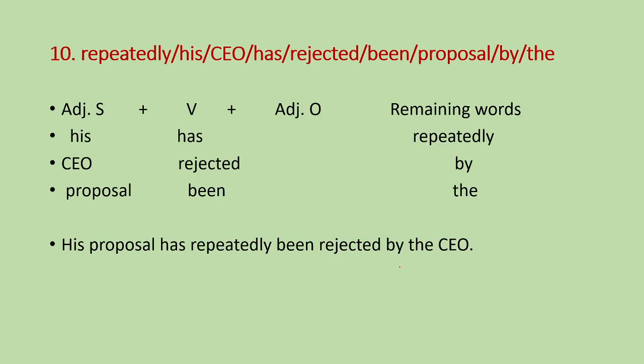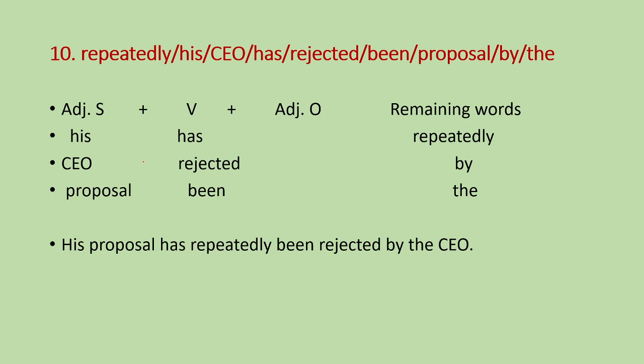Now the last sentence: repeatedly, his, CEO, has, rejected, been, proposal, by, the. We have written these words under the equation, and now we have to decide which will be the first subject word. It is his, then CEO and proposal.